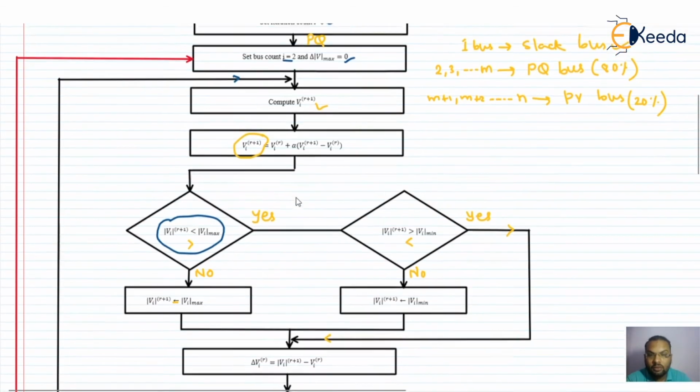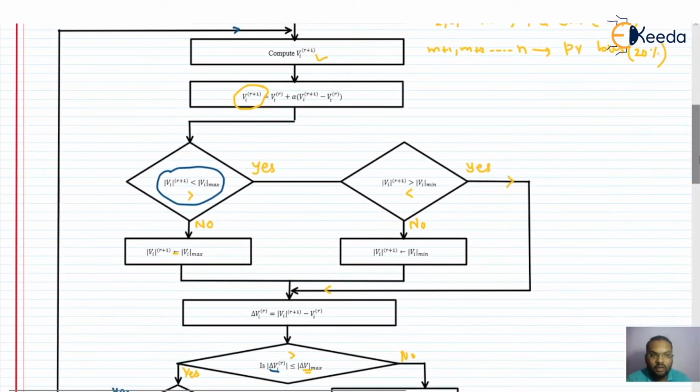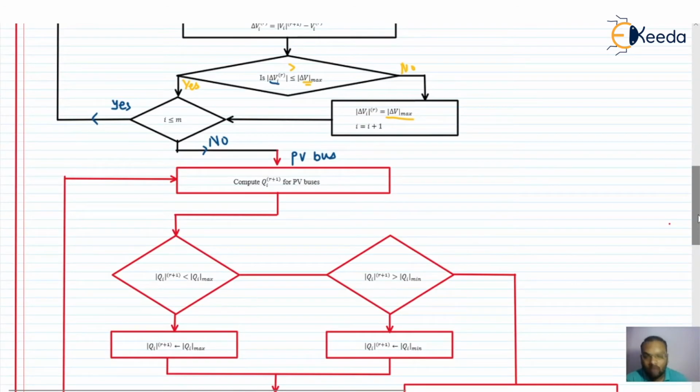Okay, suppose you arrive at a point where the next bus is no more a PQ bus. If you come across a bus which is not a PQ bus, then you go here, then you go for the PV bus. So what is to be calculated on the PV bus?